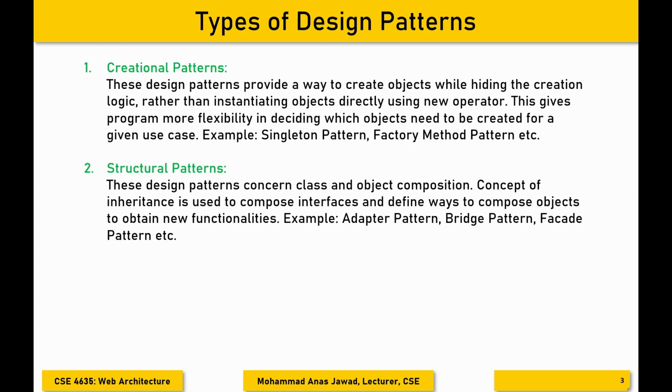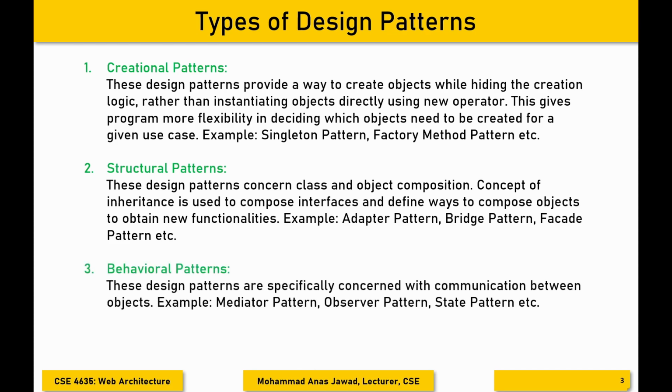Some examples of structural patterns are the adapter pattern, bridge pattern, facade pattern, and so on. Finally, we have the behavioral patterns, which are concerned with the ways different objects communicate with each other. Some examples of behavioral patterns are the mediator pattern, observer pattern, state pattern, and so on.